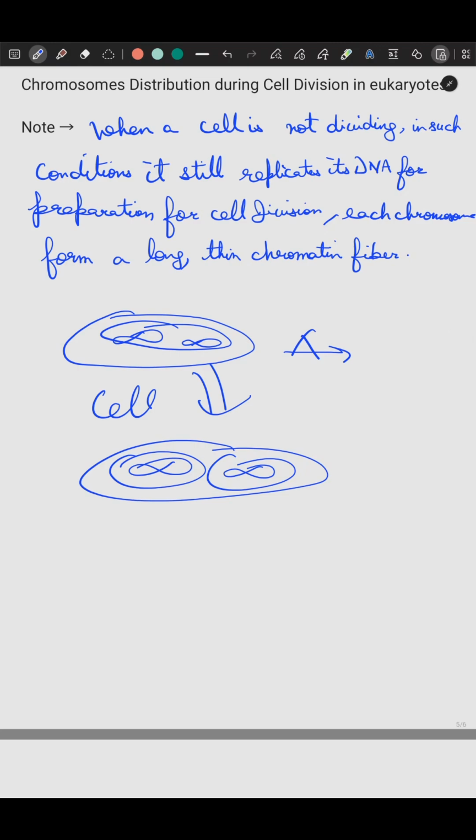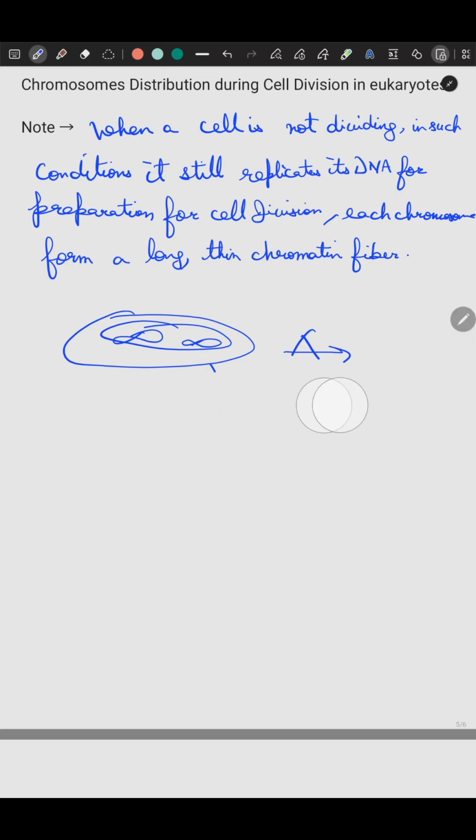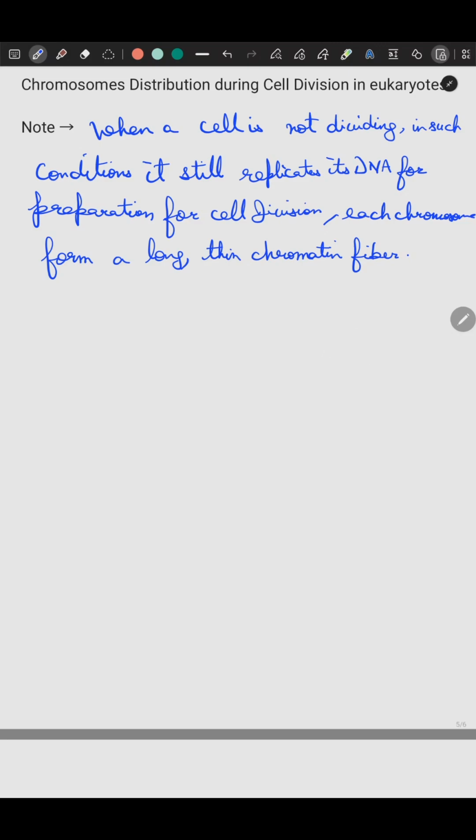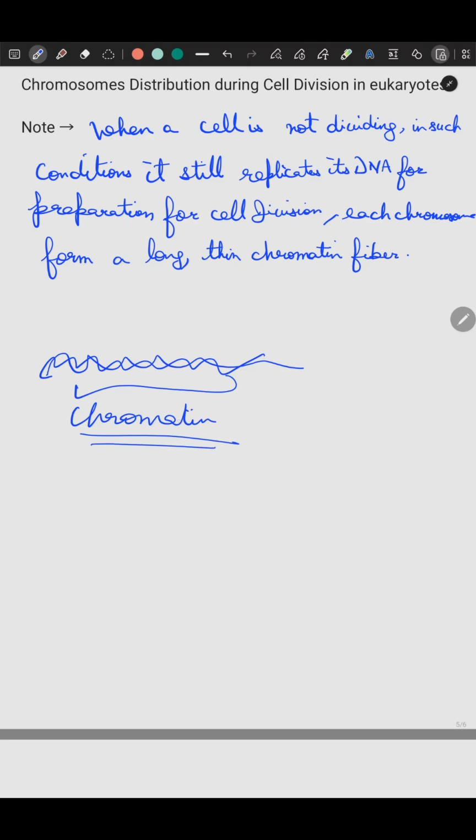For this to happen, they form a thin, long chromatin fiber. For example, this one we can say is chromatin, like I explained earlier. It is long and thin. Furthermore, what happens next?